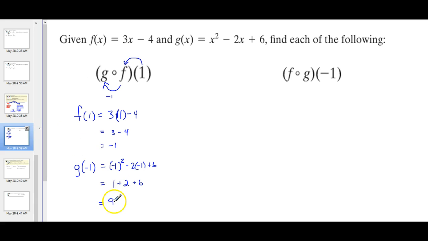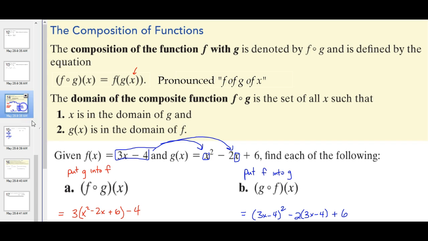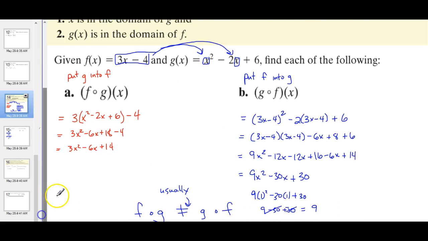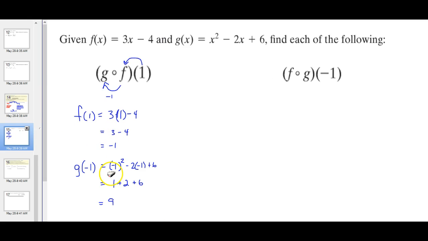So I get the same thing if I plug the 1 into f first and then into g as I do when I plug it into this expression after I've plugged one function into the other and simplified. The thing about it is it's just a whole lot easier mathematically to just do this than it would be to find that function and then plug it in.